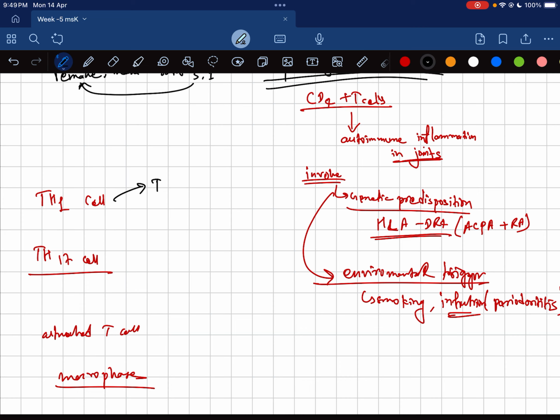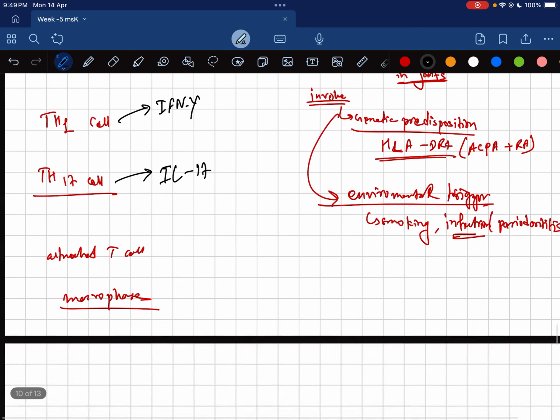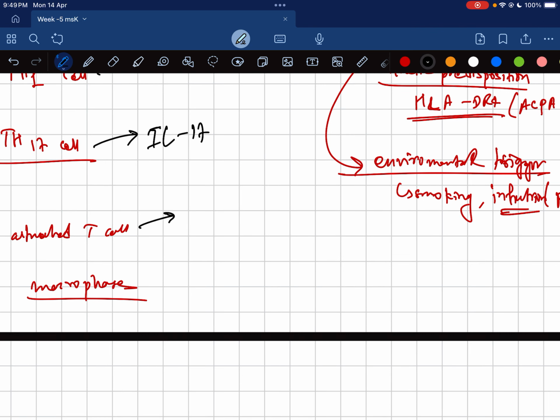T helper 1 cells release interferon gamma, T helper 17 cells release interleukin 17, activated T cells release RANKL, and macrophages release TNF and interleukin 1.